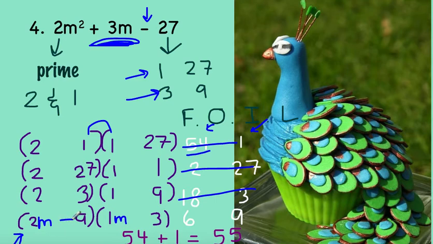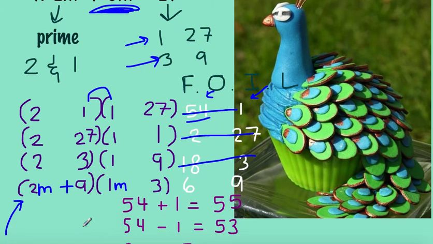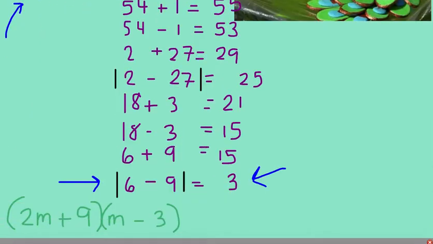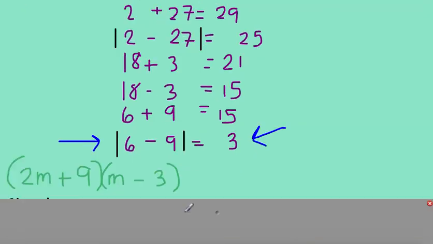So I like to go by rule of thumb, if we have leftover positive, we want the positive to go with the bigger number. So in this case, we're going to have the addition sign or the positive sign in front of the 9, and we're going to have the subtraction sign or the minus in front of the 3. So our answer is going to be 2m plus 9 times the quantity m minus 3.